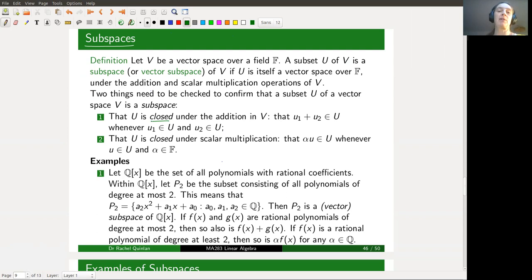And also that it should be closed under multiplication by scalars. Whenever you take an element of your subset and any scalar at all in your field and multiply the element of your subset by the scalar, the result should still be within the subset. If those 2 properties are satisfied always for all choices of elements in the subset and all choices of scalar, then your subset is a subspace.